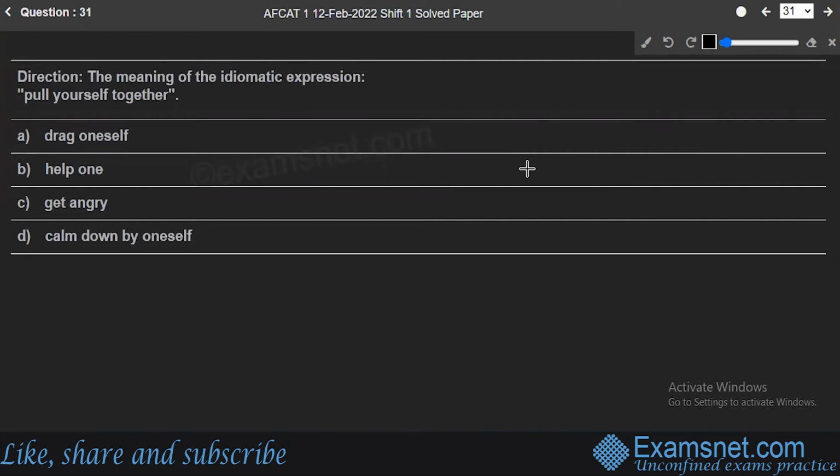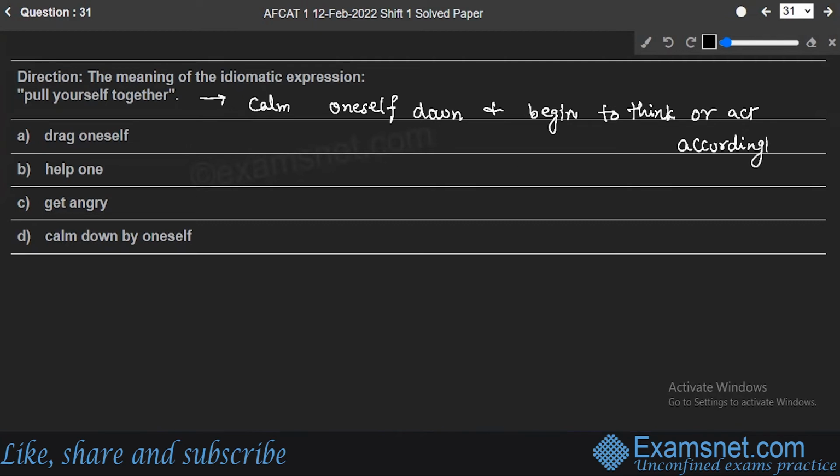See, to pull yourself together means to calm oneself down, and begin to think or act accordingly. So you can clearly see option D is going exactly with this. Pull yourself together means to calm down by oneself. This is the correct one.